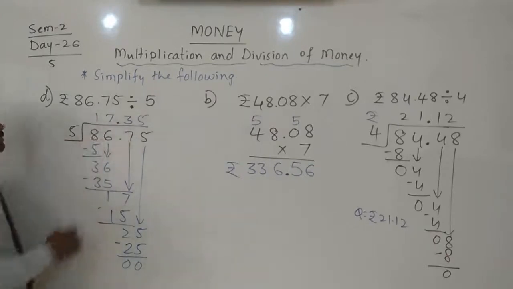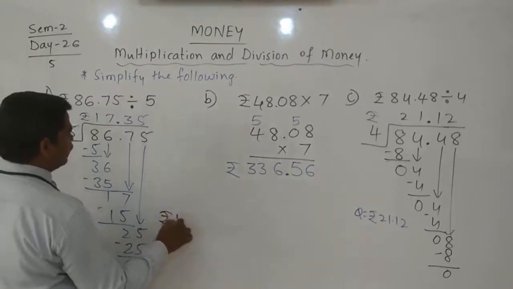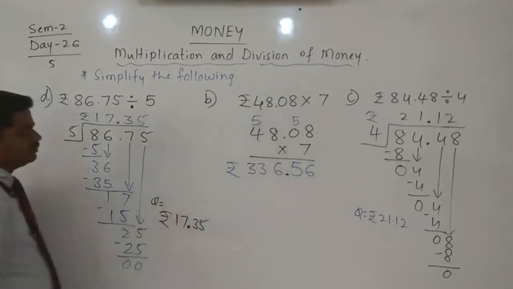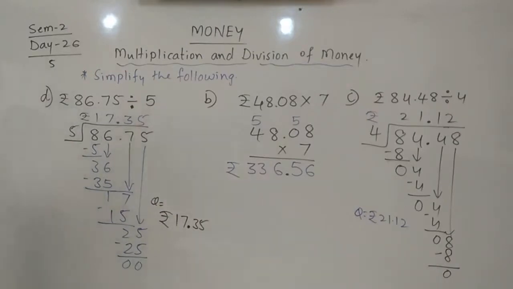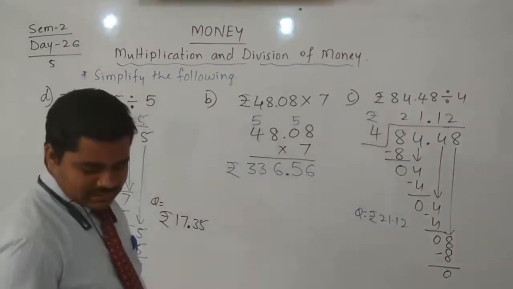Just above this one. 17.35 rupees. You can write the rupee sign here, or rupees. 17.35 is the quotient. Is that clear? Okay.